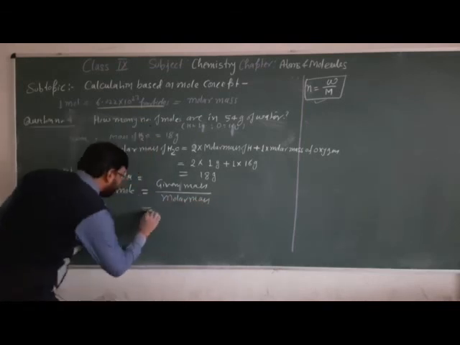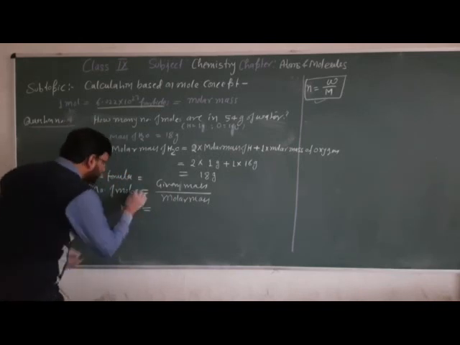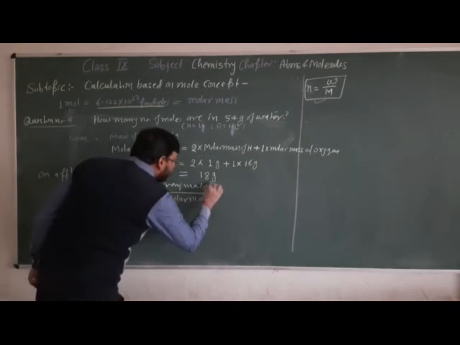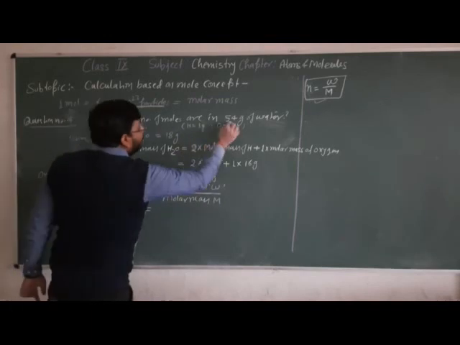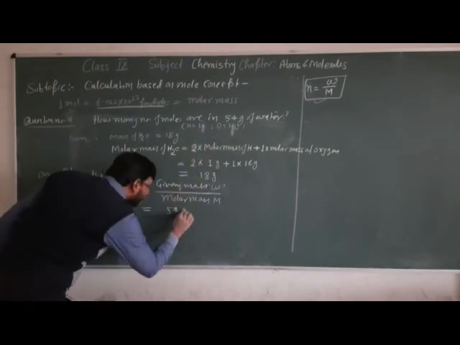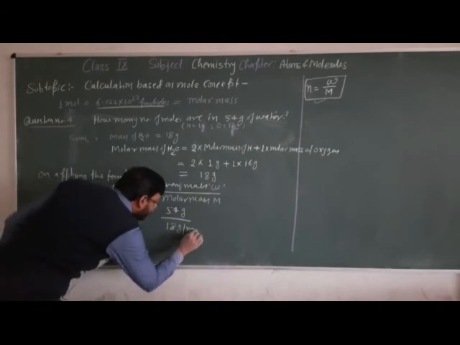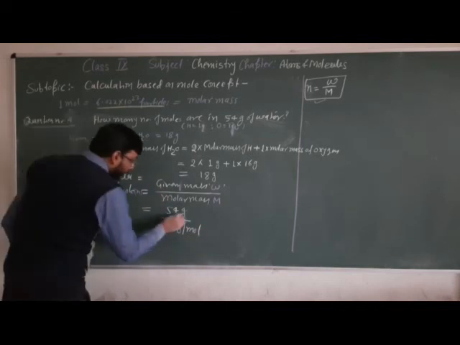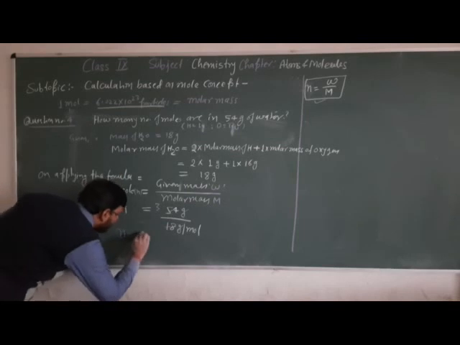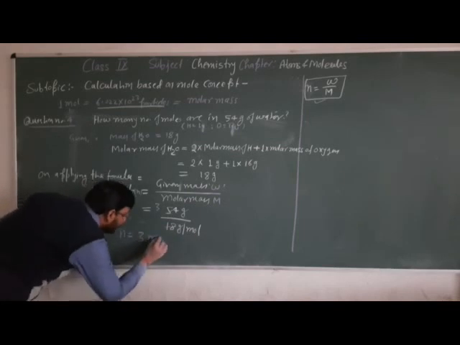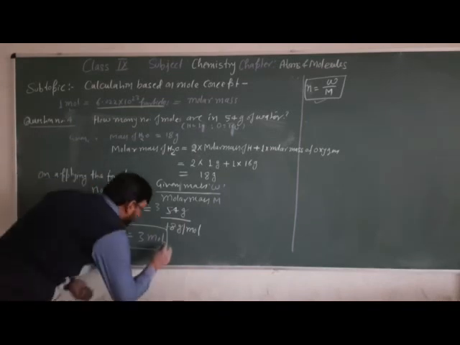So the number of moles we need to calculate, this is N, W and M. Given mass is 54 gram divided by 18 gram per mole, we need to write. Then gram cancels, 18 threes are 54. N is equal to 3 mole. So 3 mole of water.